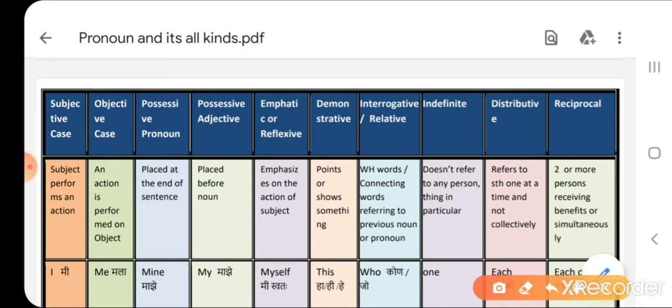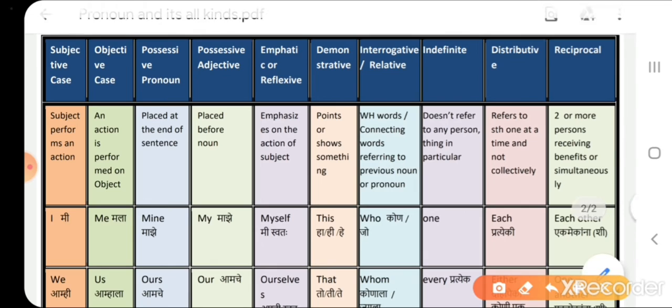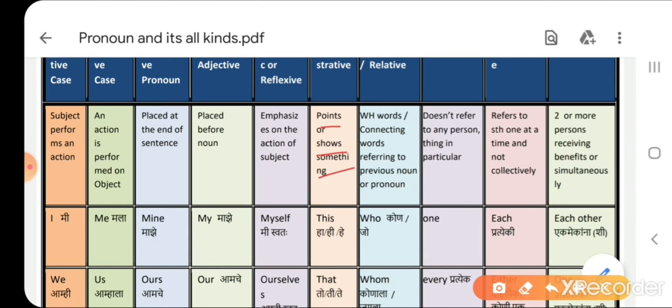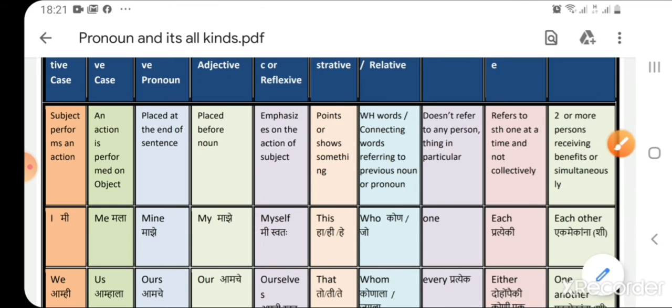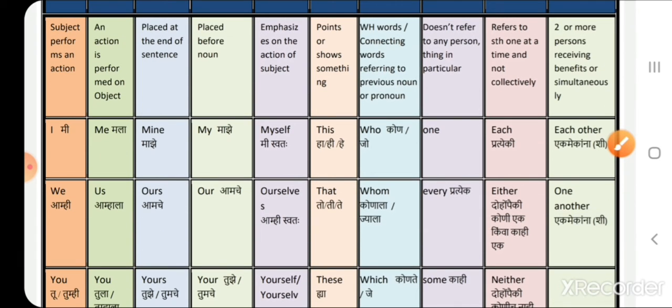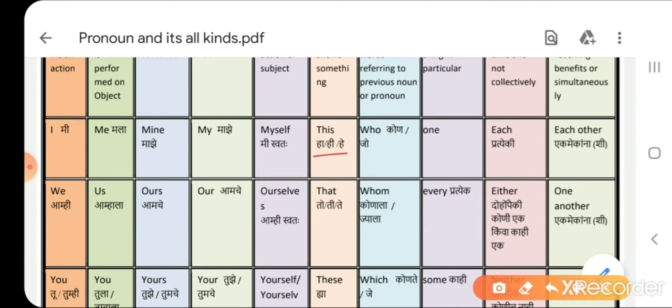Now next pronoun is demonstrative pronoun. Here these kinds of pronoun are used to show or point something. Here we use this. This is used for one nearby object. जवळच्या एकवचनी वस्तूसाठी वापरलं जातं, वस्तू किंवा व्यक्ती.